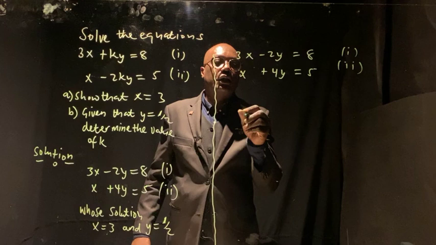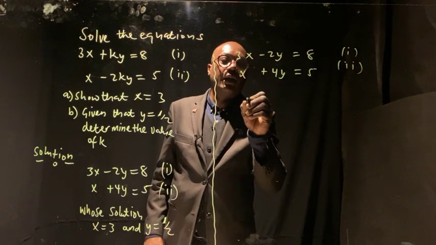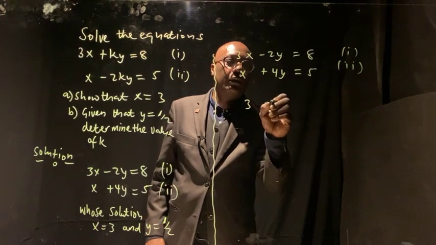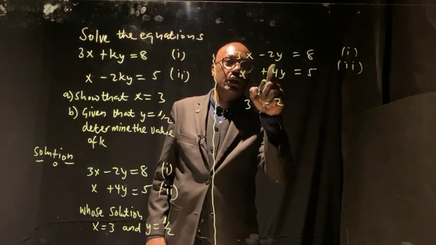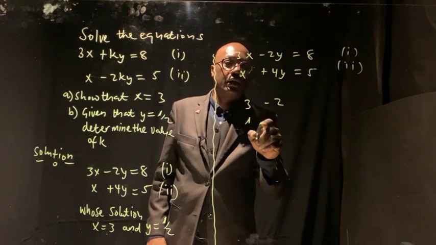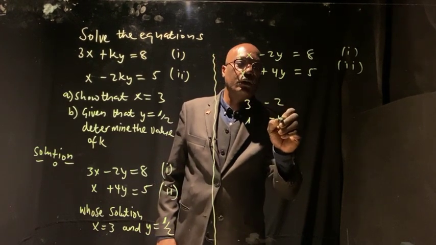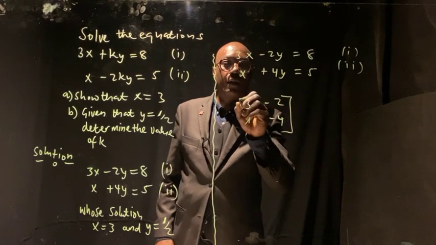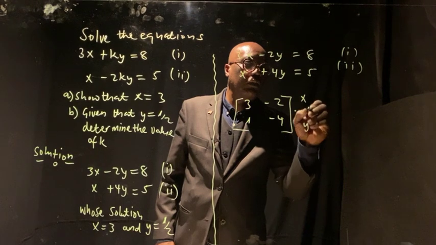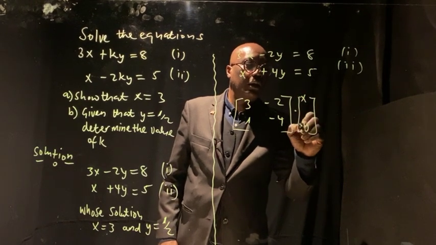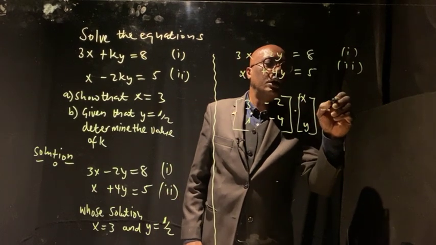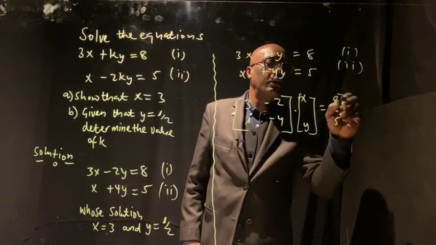This one will represent a matrix M, like 3 over there, minus 2, and x, which is 1x, and 4y, which is 4, multiplied by x over y, equal to 8 and 5.